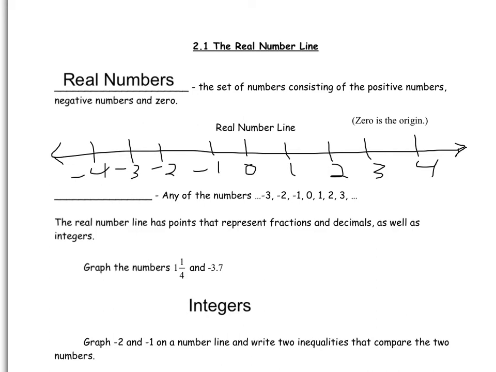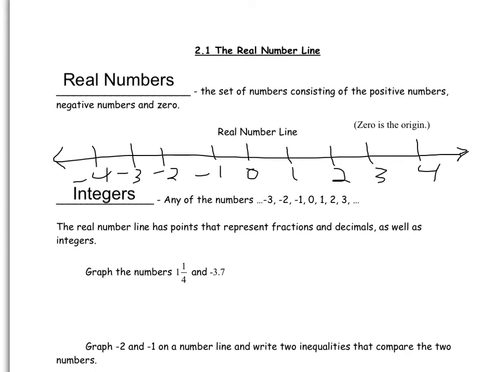Now, within real numbers, we have a group of numbers called integers. And integers are any numbers, like from -3 to 3, or we could look at it as basically, they are whole numbers and their opposites.